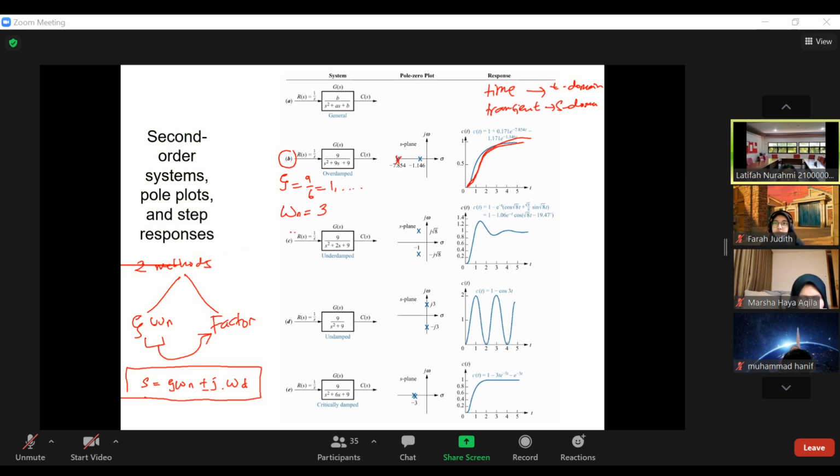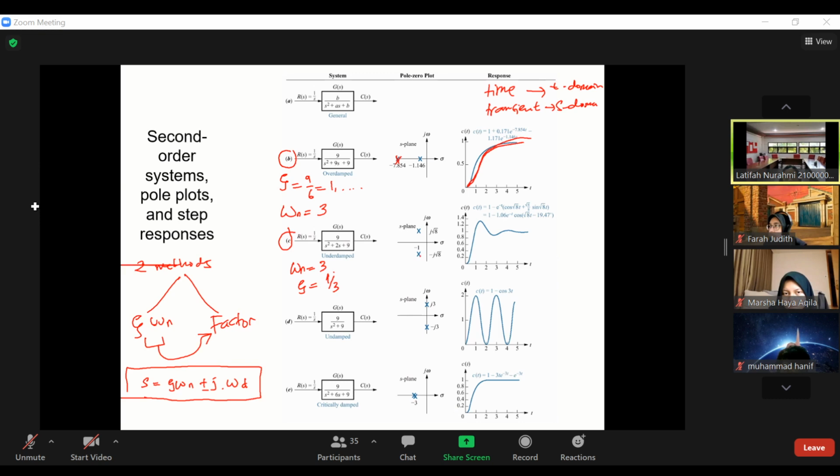Okay, now how about case number 2, C? The case number 2 is here, and omega n is 3, right? And what is zeta? Zeta is 2 by 6, so 1/3. Am I right? Yes. Zeta is 1/3, so definitely this belongs to an underdamped system.